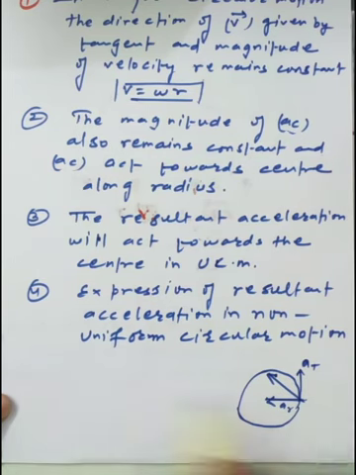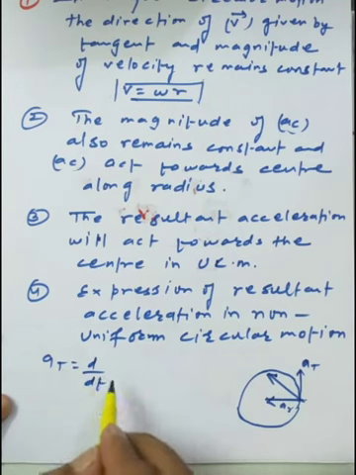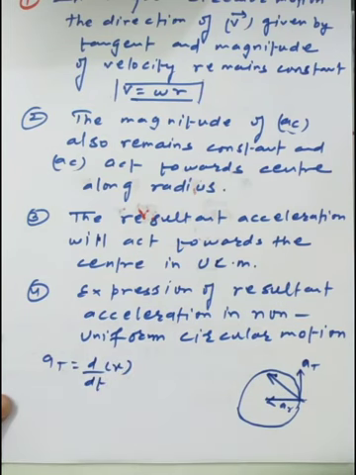The tangential acceleration can be given by dv by dt of the linear velocity. And the centripetal acceleration is v square by r, sometimes also called the radial acceleration.